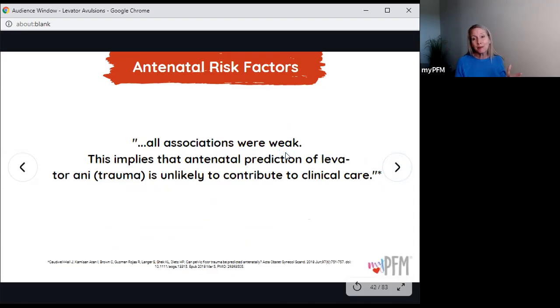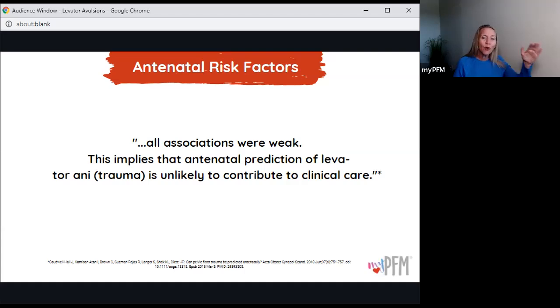Weak associations mean that basically it's not enough to guide clinical care, but I still think it's important to educate and make people aware that this research is out there.